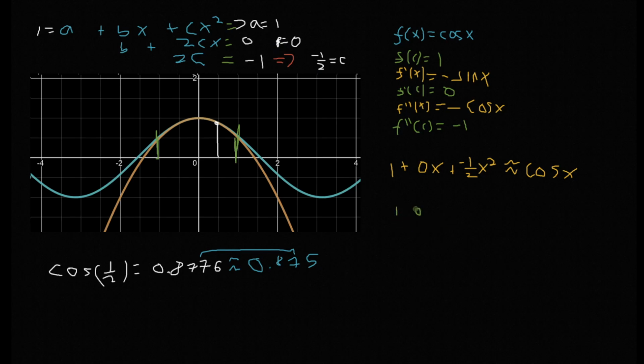So it goes 1, 0, negative 1/2. That's going to go back to 0. It's going to go 1 over 24 as the coefficient. And then it's going to go 0. And then it's going to go back to negative 720. And this looks like a very strange pattern, but we can see this pattern.